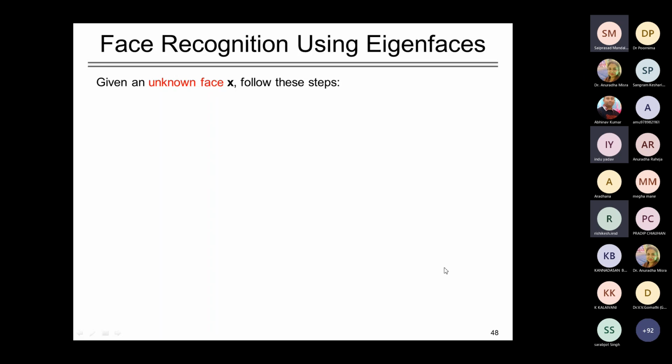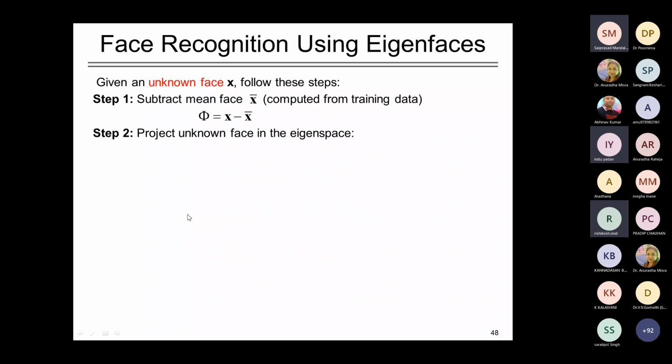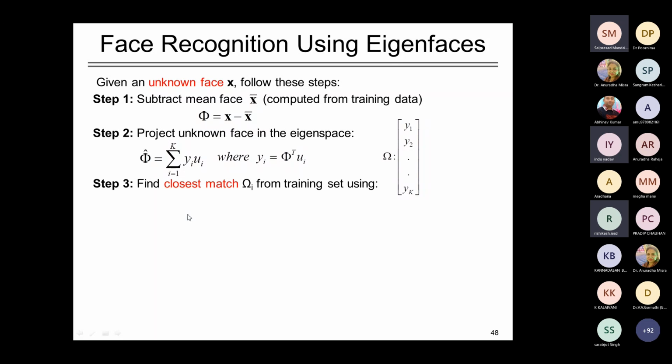So, face recognition using eigenfaces. Given an unknown face x, follow these steps. Subtract the mean x bar computed from training data: phi equals x minus x bar. Project the unknown face in the eigenspace: phi hat equals summation i going from 1 to k of yi ui, where yi equals phi transpose ui, and the face space omega is y1, y2, up to yk.